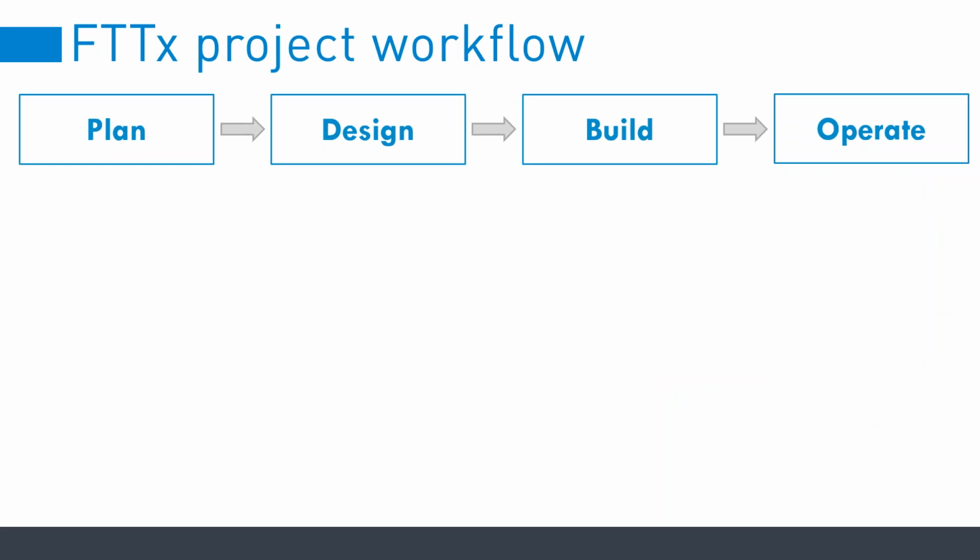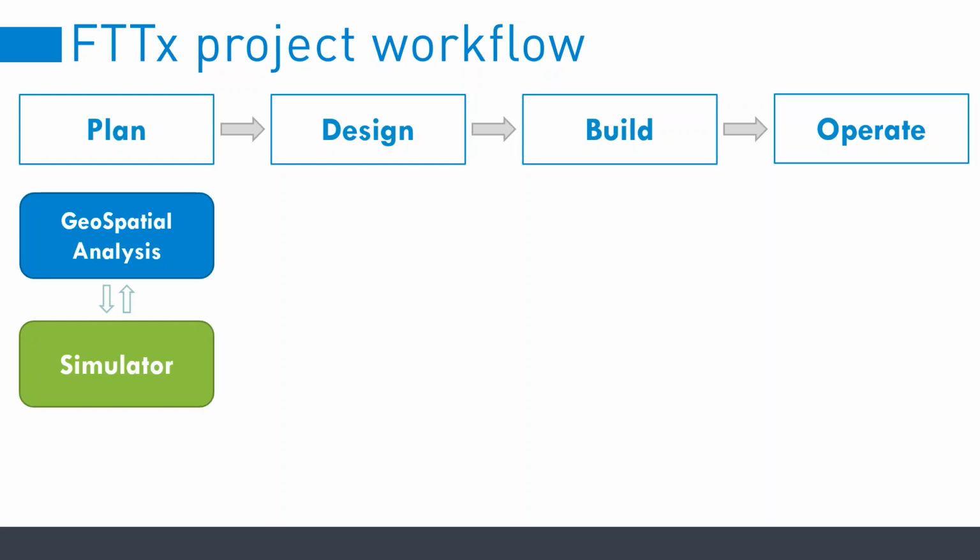Right, thank you. So what we'll talk a bit about today is the different stages within an FTTx project, and how both of our solutions can assist you in your project workflow and how they work together. So the first stage I want to talk about is the planning stage. This is the strategic planning stage. You have to come up with a business case for your FTTx project, decide where you want to roll out.